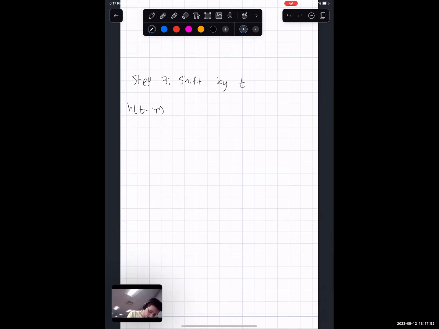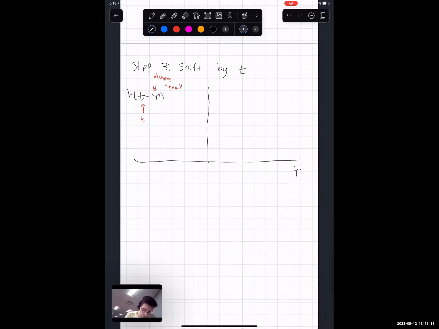Keeping track of everything, here's our dummy variable tau, and here's t.